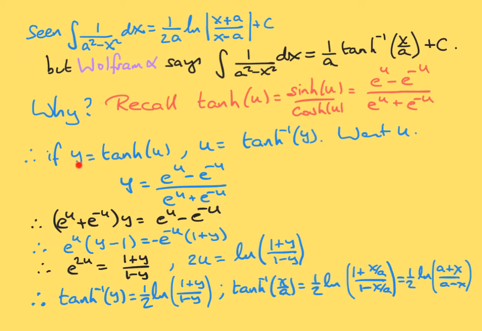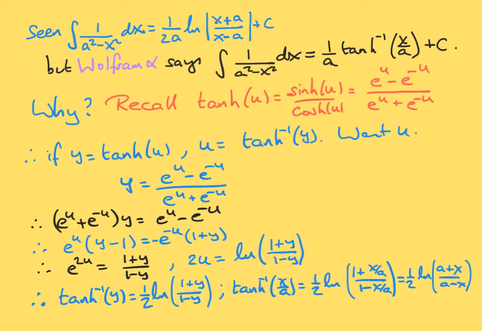So if we say that y is tanh u, then if we take the inverse tanh function of both sides, we will get tanh to the minus 1 of y is tanh to the minus 1 of tanh of u, and that's just going to be u, because tanh to the minus 1 is the inverse function of tanh.